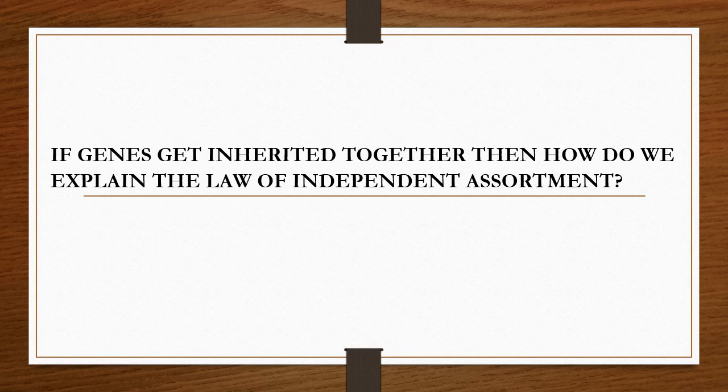Now we are going to discuss: if genes get inherited together, then how do we explain the law of independent assortment? So I am repeating the question as well as the heading. If genes get inherited together, then how do we explain the law of independent assortment?